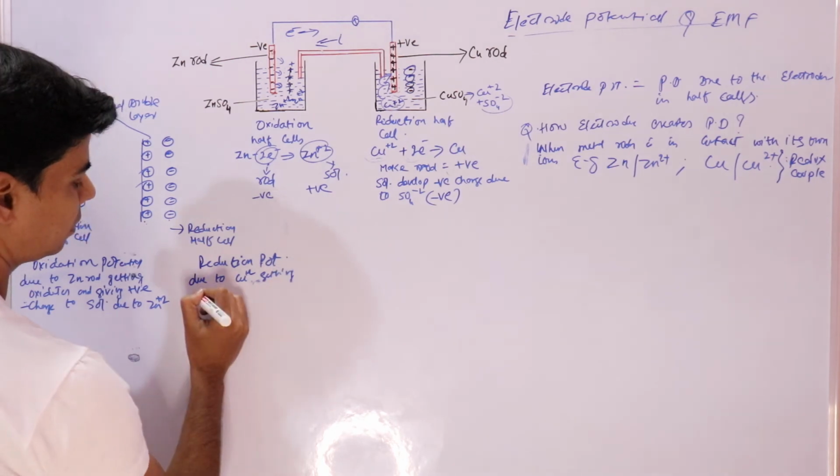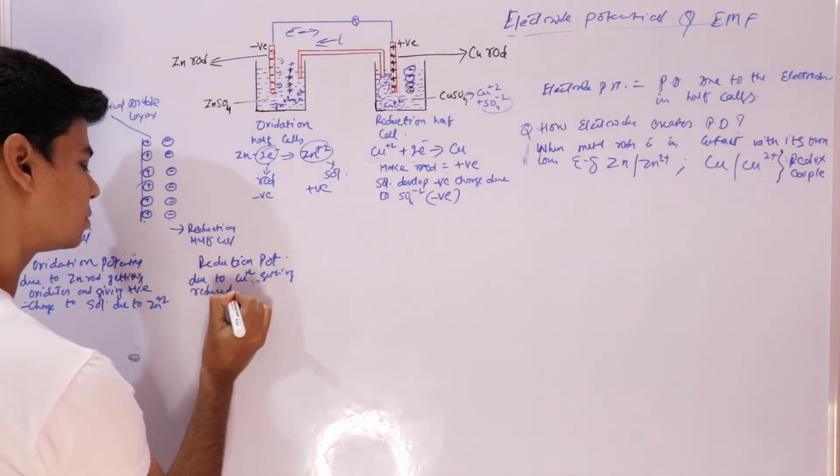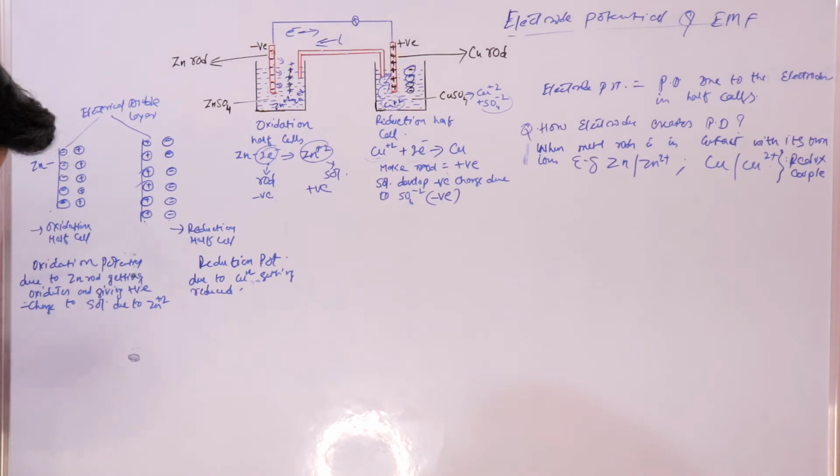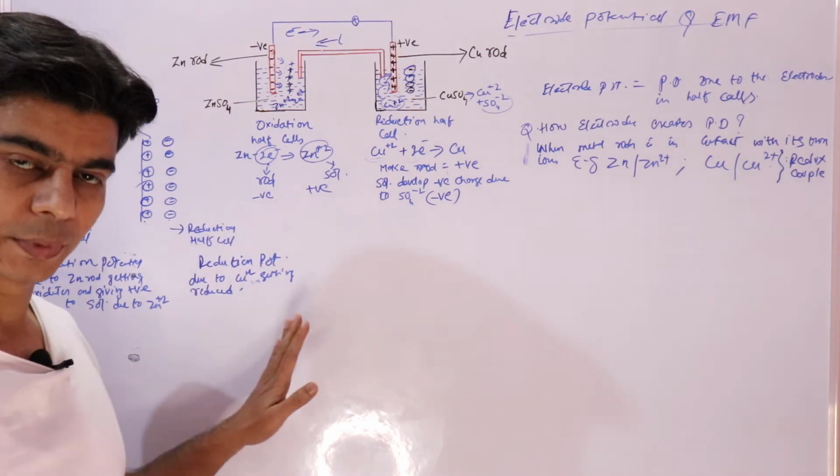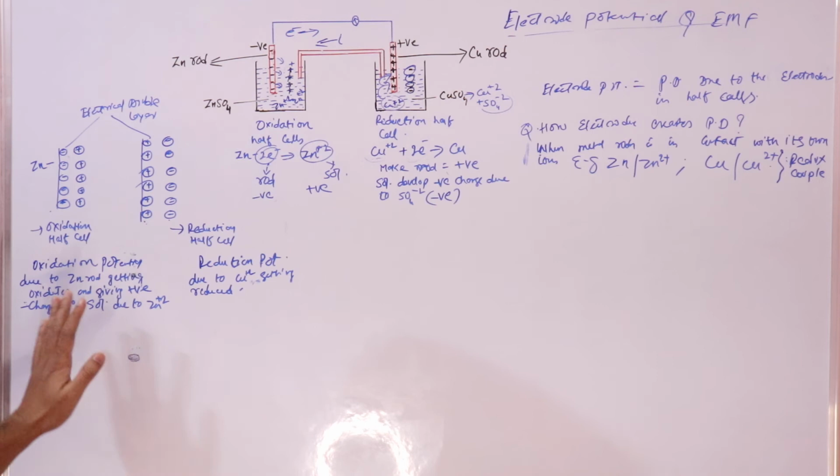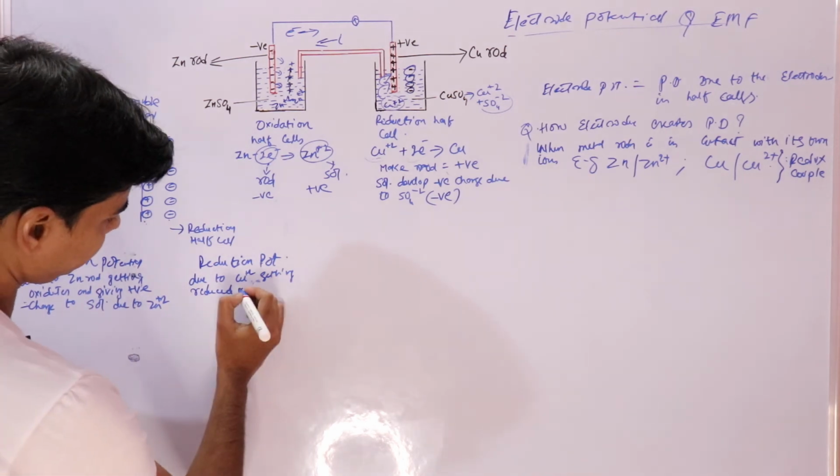getting reduced, right? Because we know that reduction potential of copper is high and oxidation potential of zinc is more, right?